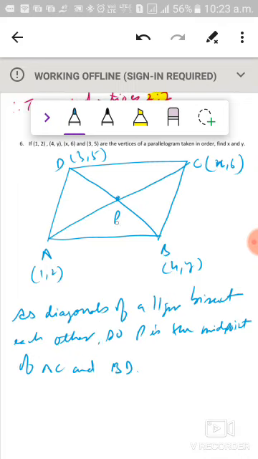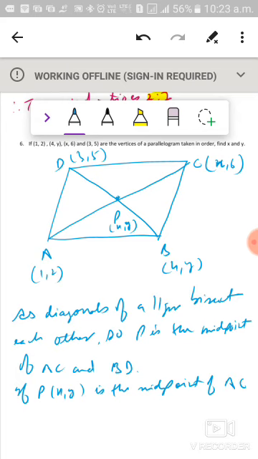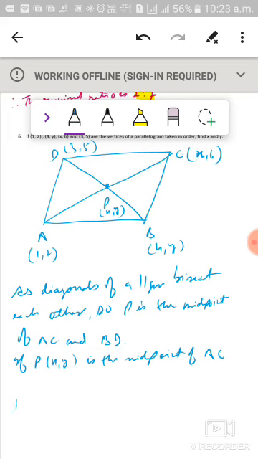We will find the value of the coordinates of P. Let us say coordinates of P are x comma y. First case, if P x comma y is the midpoint of AC, then how will we find P? By the midpoint formula, that is x1 plus x2 by 2 comma y1 plus y2 by 2.